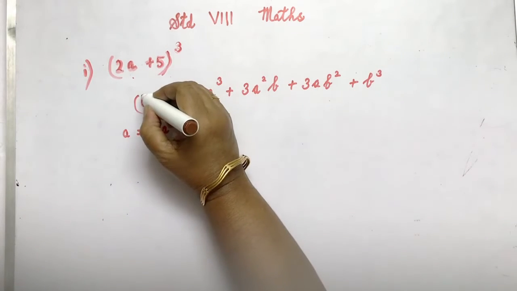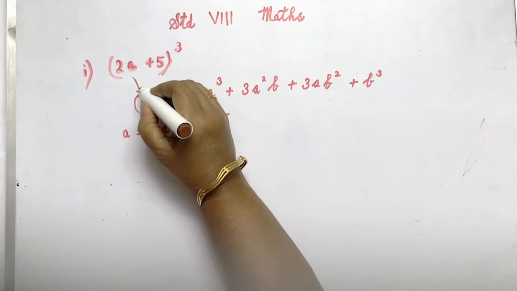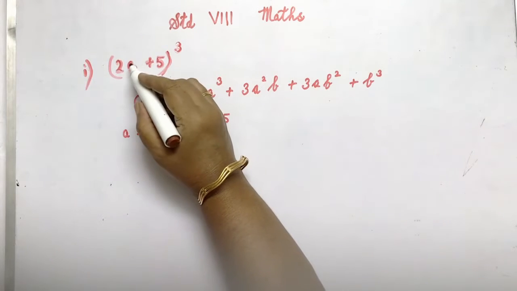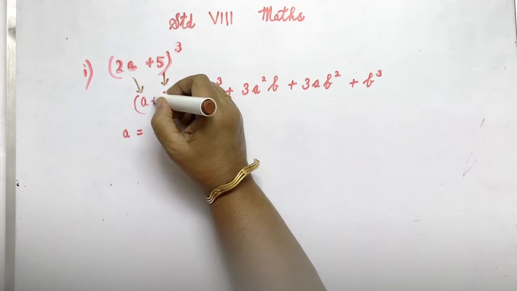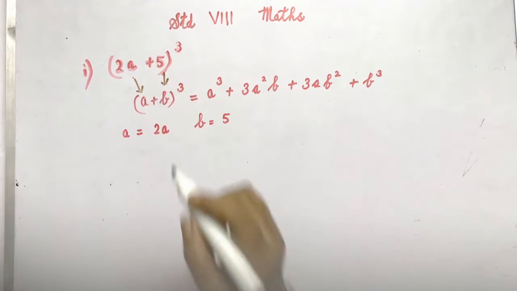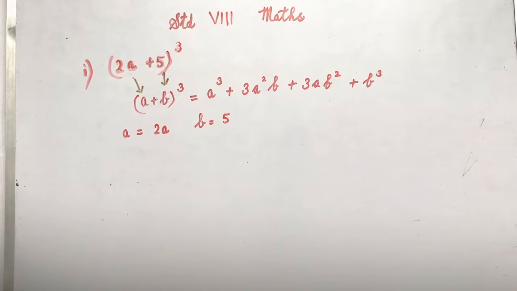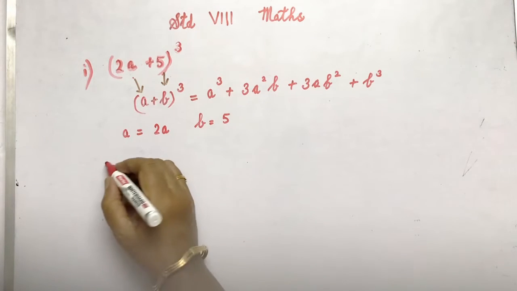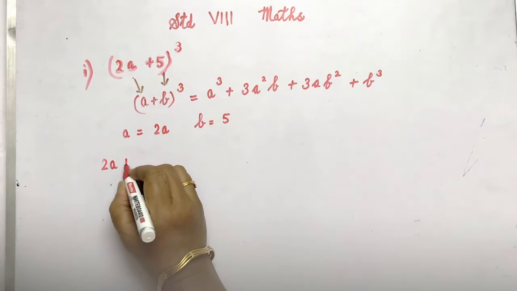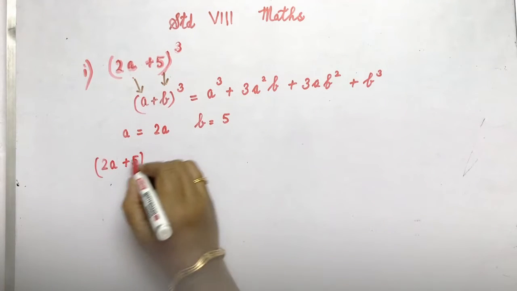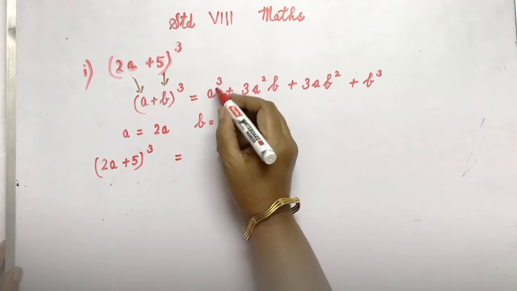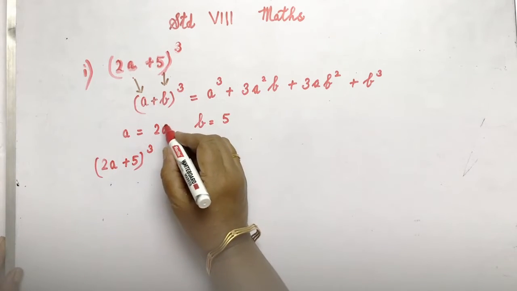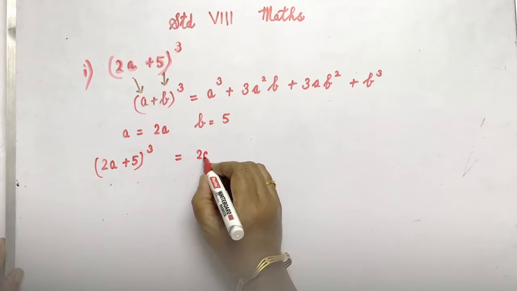So how to compare? Inside the bracket the first term is, in the place of a we have 2a, in the place of b we have 5, we have a plus sign, so we are using this identity. Now (2a + 5) whole cube is equal to, first we have a cube, in the place of a we have to replace 2a.